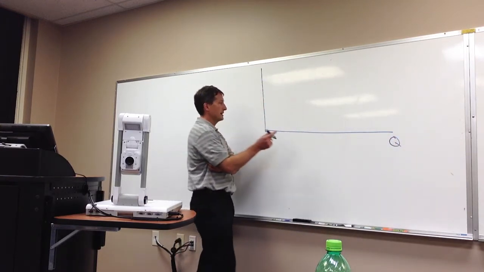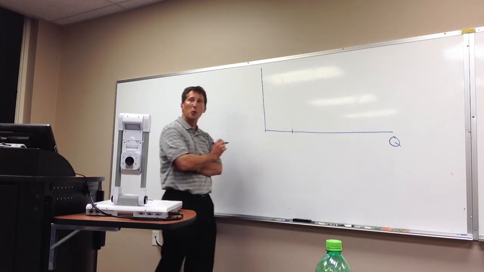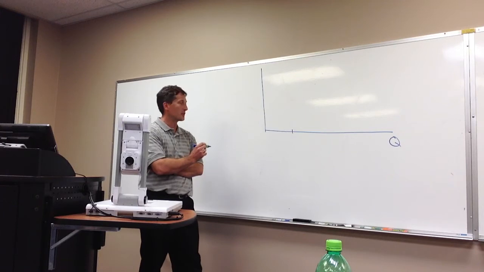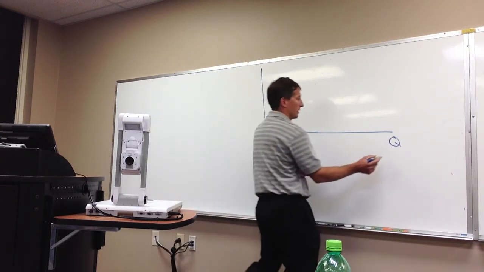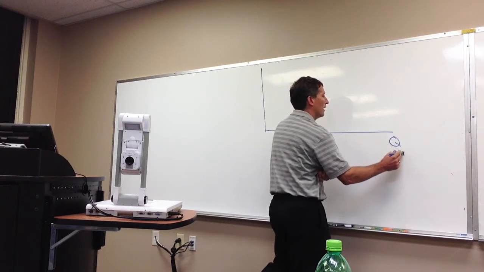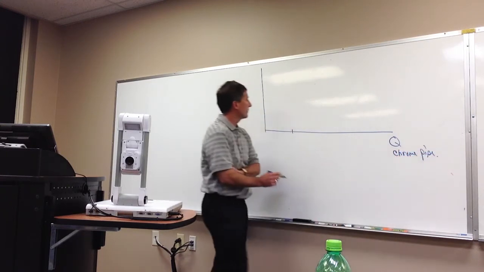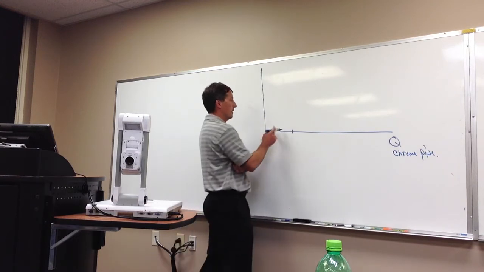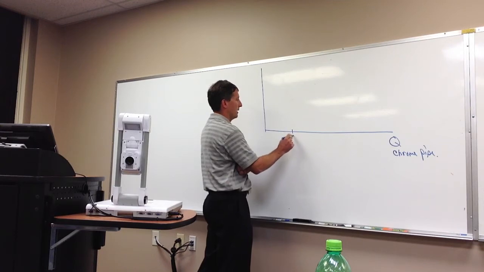So let's say that we are a manufacturing firm that does chrome pieces, chrome tailpipes for an auto manufacturer, right? So here we are, quantity of chrome pipe. And we started off our business and we tended to be doing about 200 pipes a week.